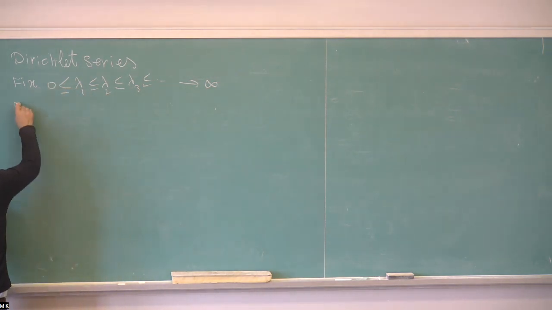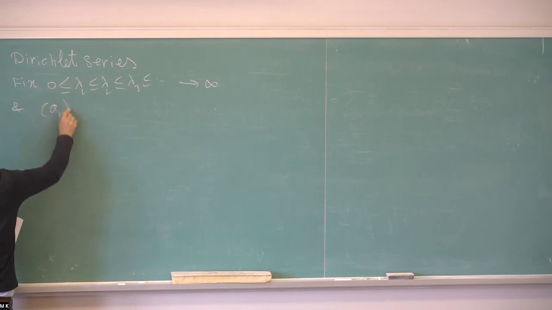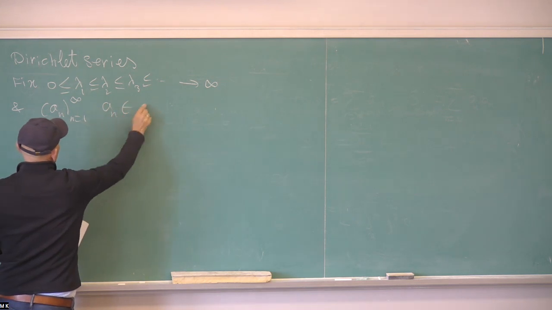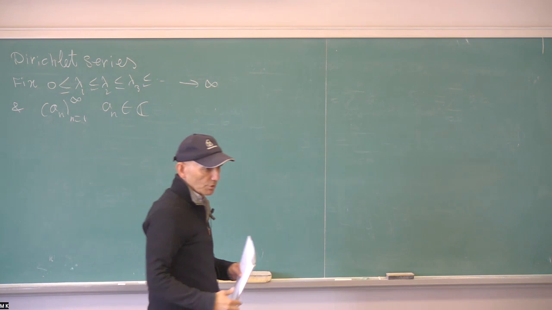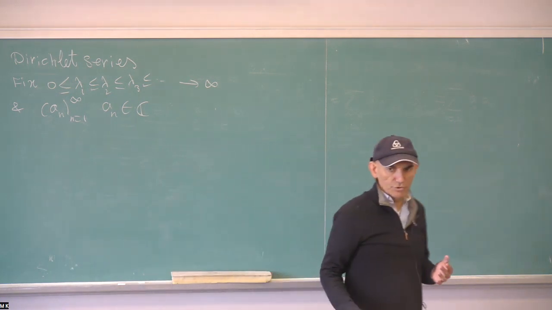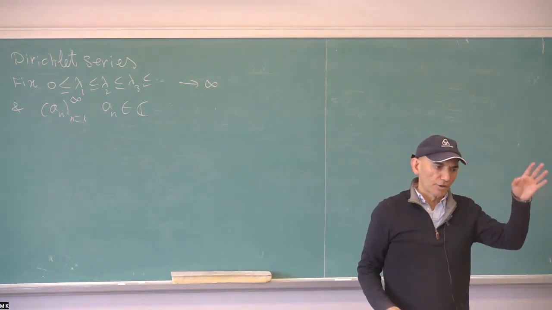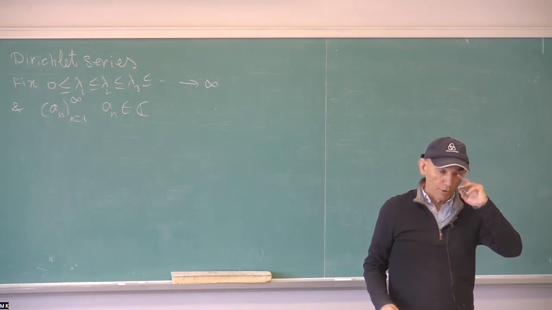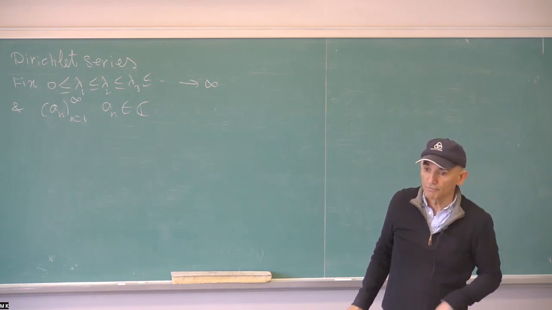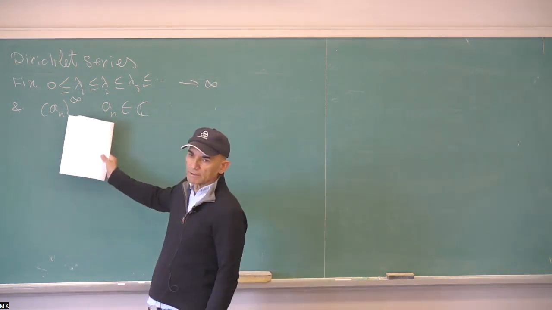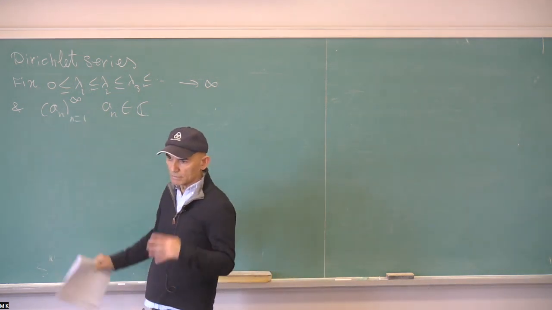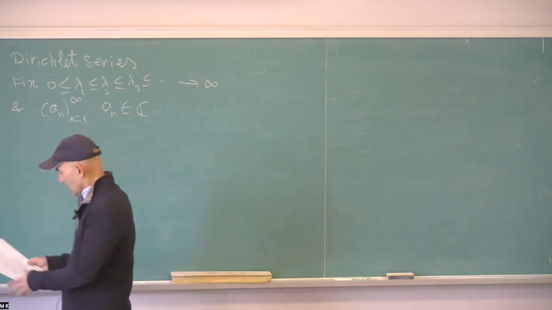And the sequence a_n, where a_n belongs to C. So you have two sets of data in order to define your function. First of all, there's a sequence of non-negative real numbers. They approach infinity, they're ordered. And then there is just a random sequence of complex numbers, whatever you want, from 1 to infinity.